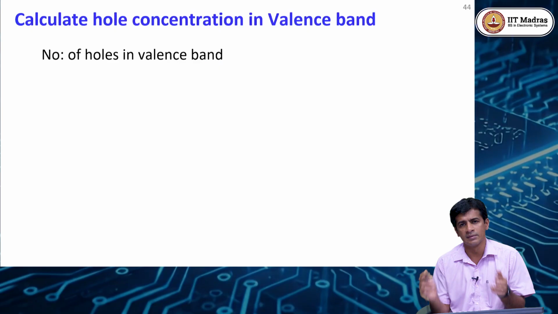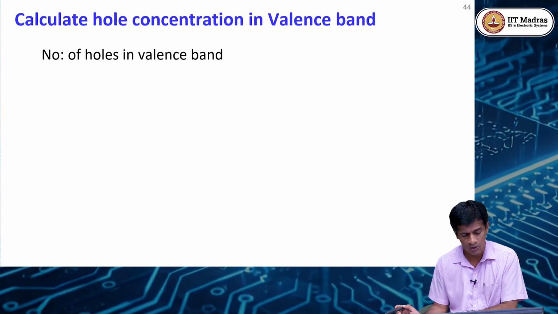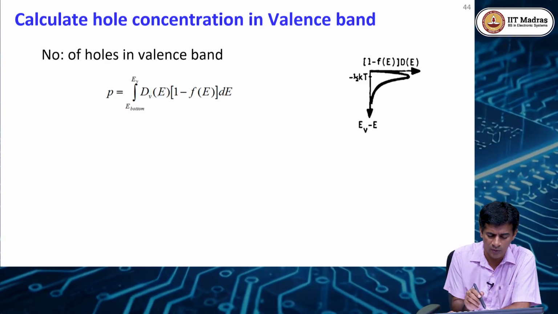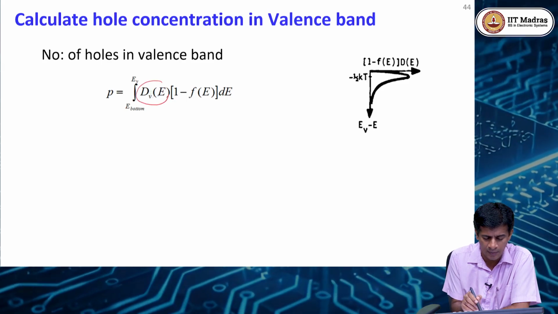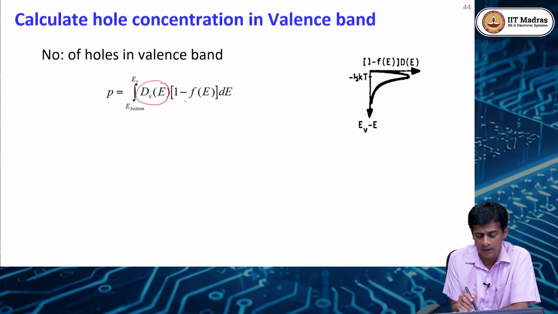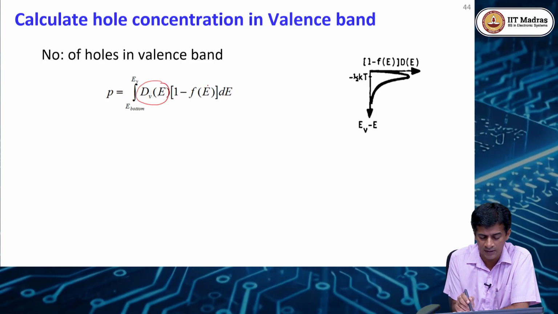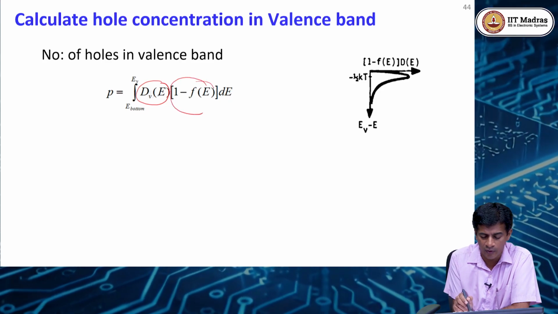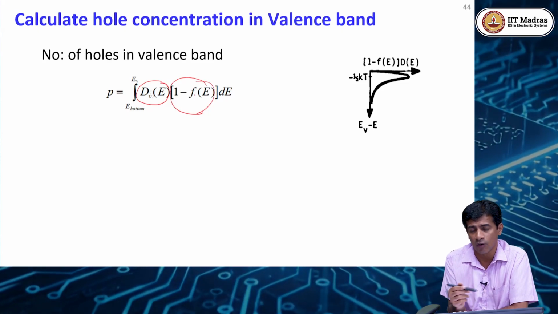You can do a similar exercise for holes in the valence band. All you need to do is calculate the density of states at a particular level. Then the other important thing is to find, at that state, the probability of its being vacant, because we are counting the vacant states.